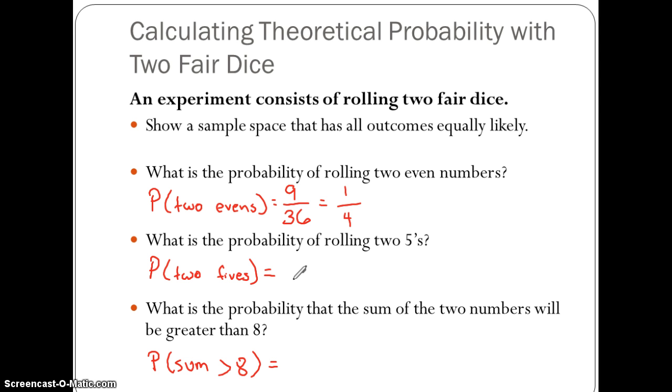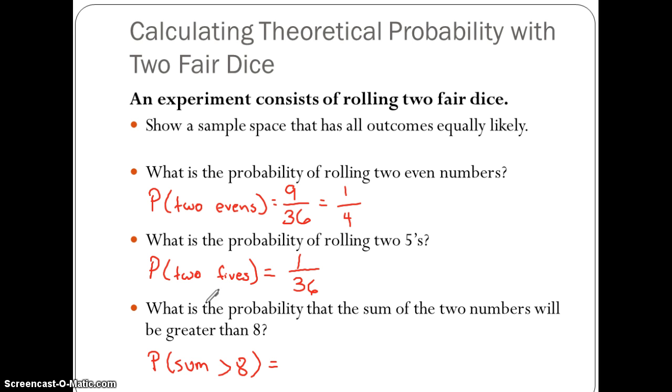All right. So if you went to your sample space, we know there's a total of 36 outcomes, but how many had 2 5s? There was only one of those. So your probability will be 1/36.